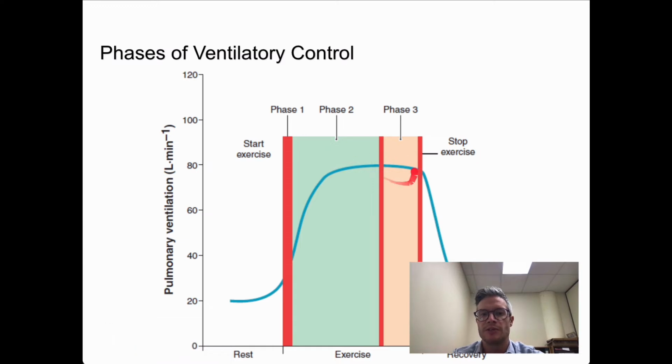And then when we get to phase 3, that's when we have hit steady state and have been in steady state for a while. So we're not just adapting and reaching steady state, we're in it. What happens here is we continue to fine-tune our ventilatory rate based off of more central receptors as well as our peripheral receptors.